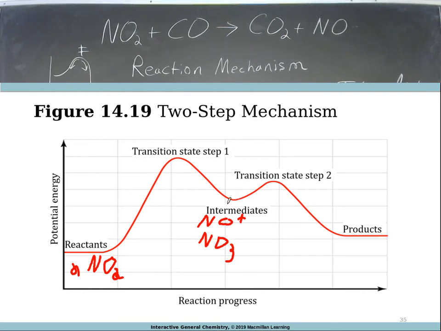And then for the second step, we'll have that NO3 plus carbon monoxide, and that is going to involve the transfer of the oxygen from the nitrogen trioxide to the carbon monoxide, and that will result in our products of carbon dioxide, CO2, plus NO2.